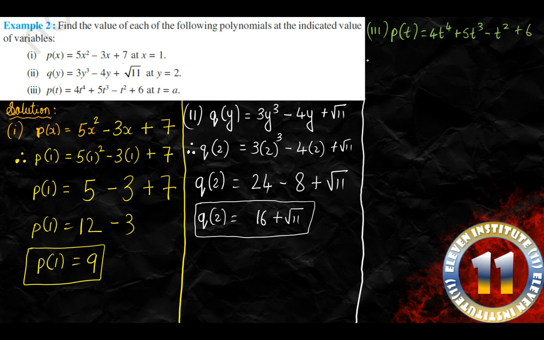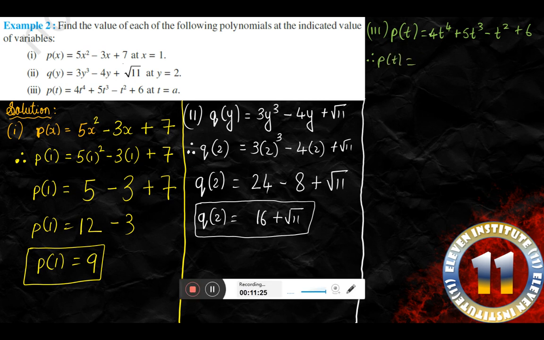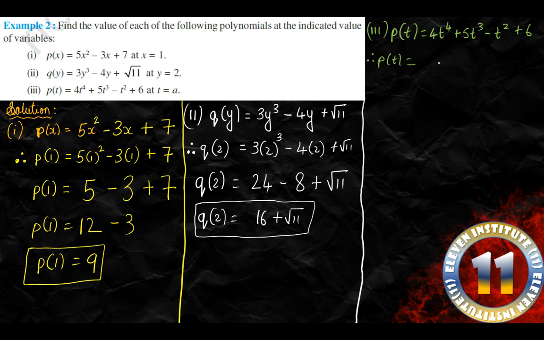So we can write therefore polynomial with variable t is equal to. So now instead of t we will just put up the value of a. So we can write 4 as it is. Now instead of t raised to 4 we can write a raised to 4 plus 5 will again remain as it is. Instead of t cube we will write a cube minus instead of t square we will again write a square and plus 6 will remain as it is.